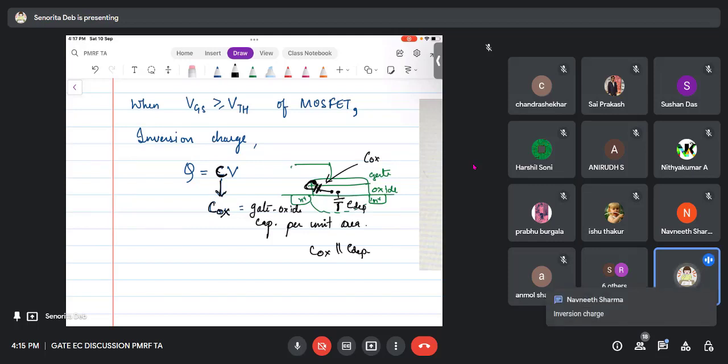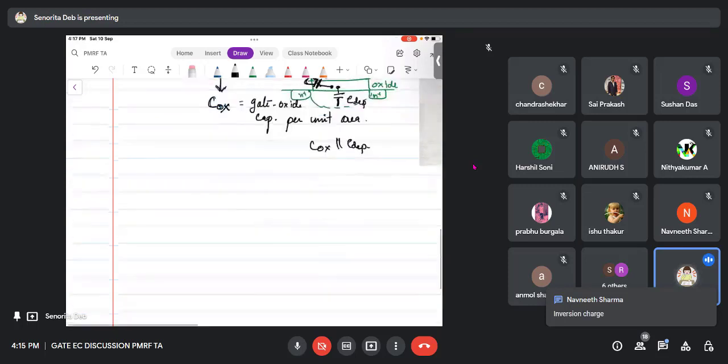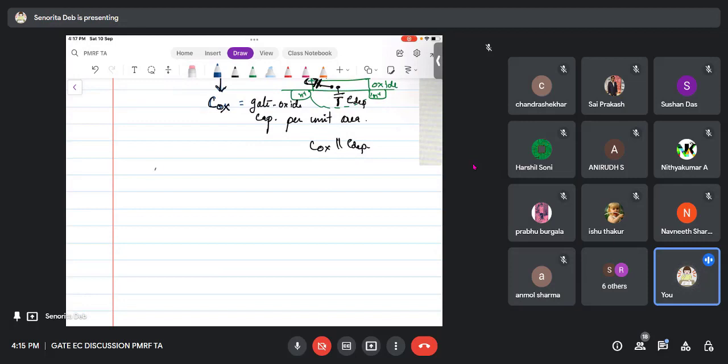So now let's start with Q equals CV again. Now QD I had written as what? C into V. So this C is due to the COX, but COX is per unit area. That means I have to multiply dimensions of the MOSFET here, right? So we multiply it with W, and this entire thing now has the dimension of cap per unit length, because I have multiplied the width of the MOSFET.